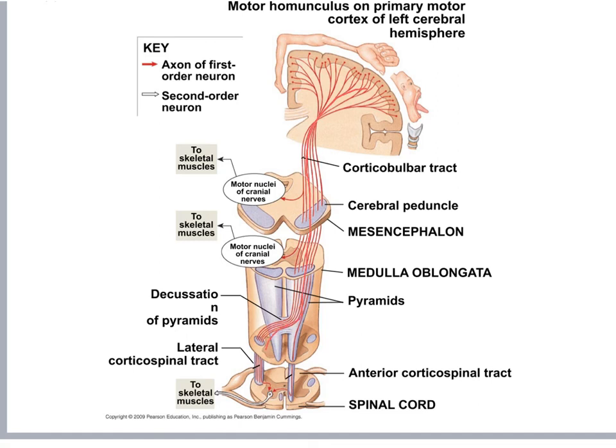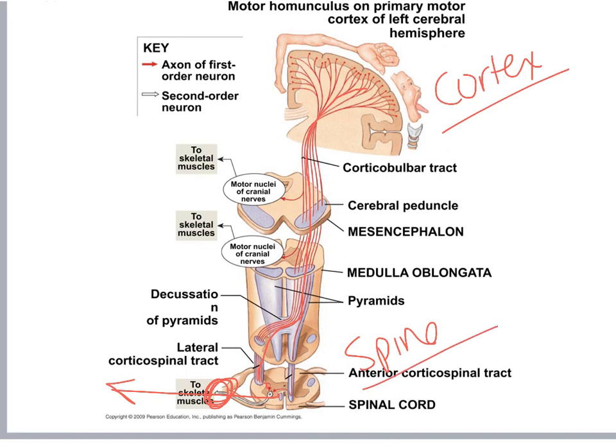They're going to cross over and synapse onto the lower motor neuron and come out. There's only two neurons. The arrow shows you the direction. If you look here, that arrow is saying it's going out to skeletal muscles, so we know it's a motor pathway, right? Starting in the cortex, and it's going to go down to the spine. So it's the corticospinal pathway.